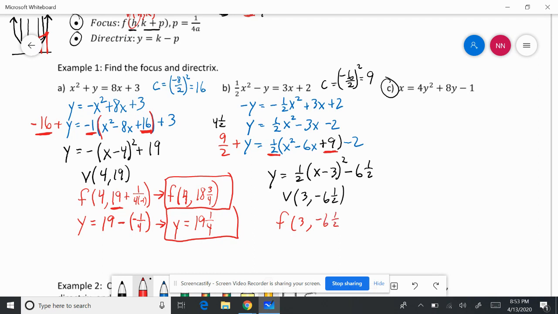and my p value. If I'm looking at this, this is 1/2. So what I have is I'm adding 1 over 4 times a half. Half of 4 is 2. So negative 6.5 plus a half would be negative 6.